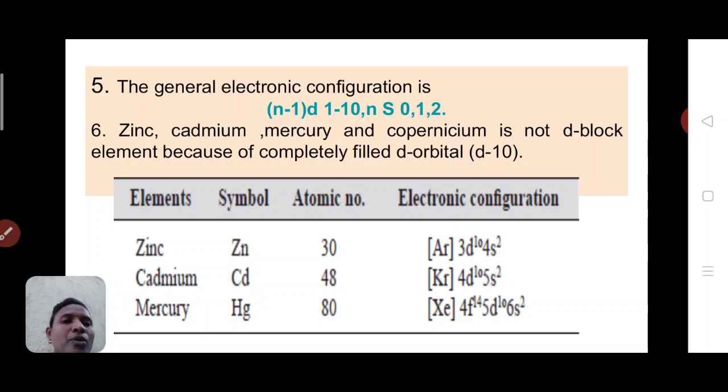Mercury has atomic number 80 and electronic configuration xenon 4f14 5d10 6s2. So mercury also has the d10 configuration, which is completely filled. That's why zinc, cadmium, mercury and copernicium are not d block elements, because they have a completely filled d orbital.